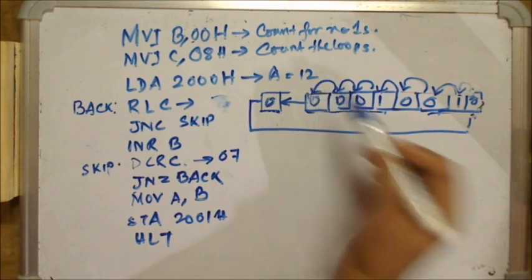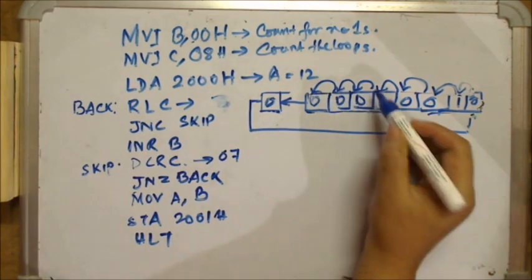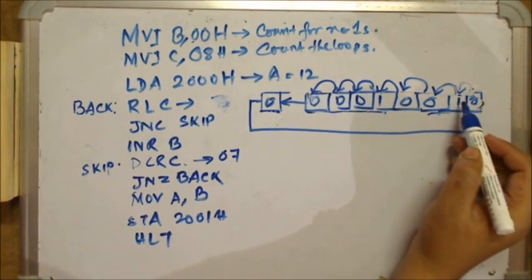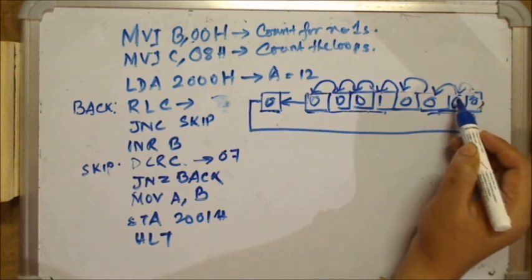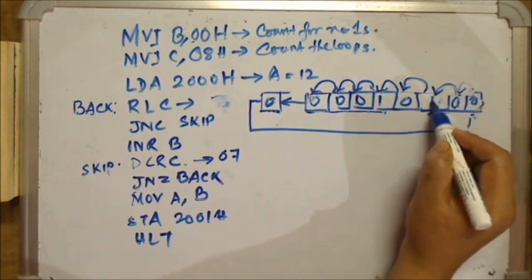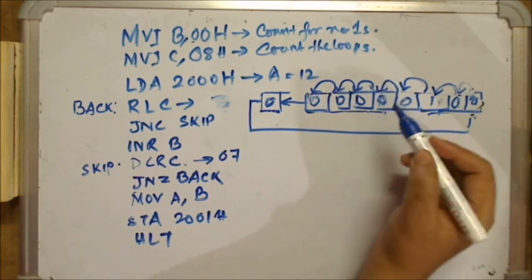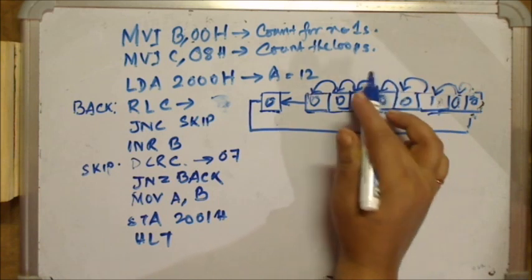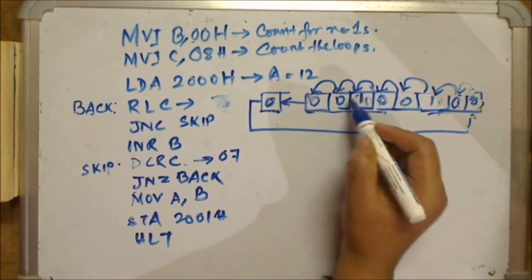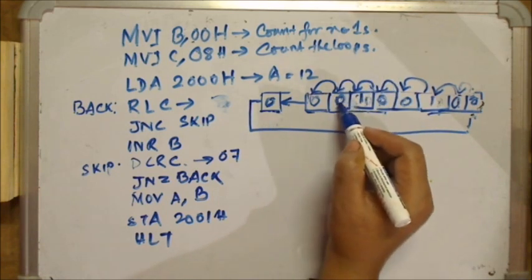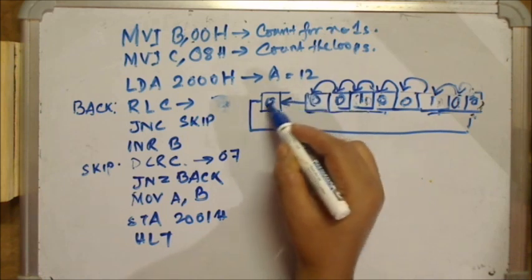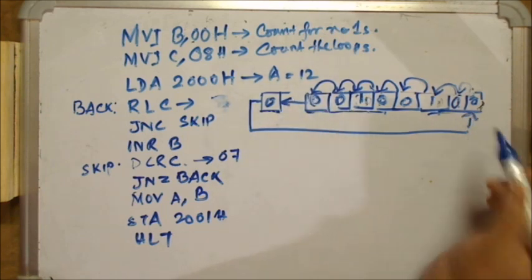Okay, and this 0 will go here. So what will happen if this 0 comes here? It will be 0. This 1 will go here, this will become 1. This 0 will go here, this will become 0. This 0 will go here, this will become 0. This 1 will go here, so it will become 1. This 0 will go here, and that 0 will go here, and this 0 was copied to here.